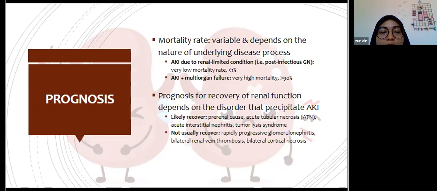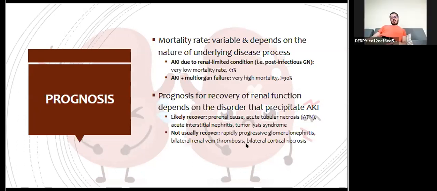And also for prognosis of recovery of renal function, it most likely recovers if the disease is caused by a pre-renal cause, while it usually does not recover if the disease is rapidly progressive or thrombosis or any disease that can lead to ischemia or necrosis of the kidney itself.